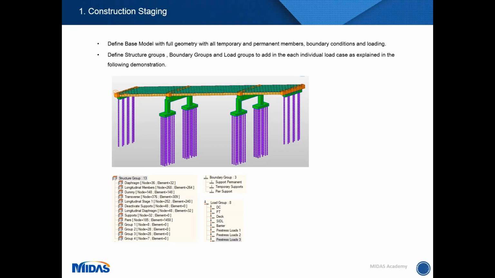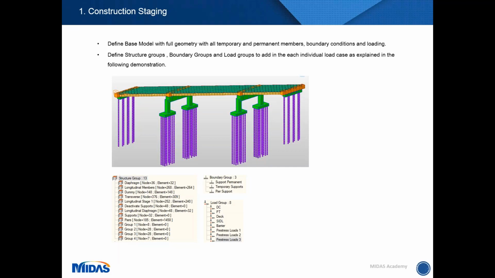So this is the structure that I'm working on, a 3D extruded view in Midas. For creating a construction stage, you first need to create structure groups, boundary groups, and load groups to activate each of them in a particular stage.